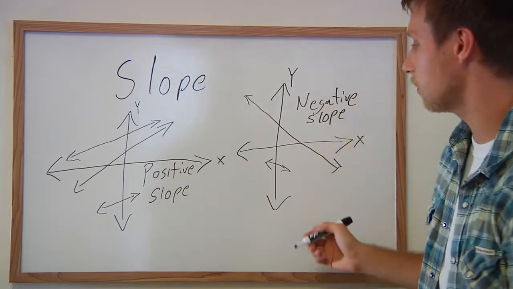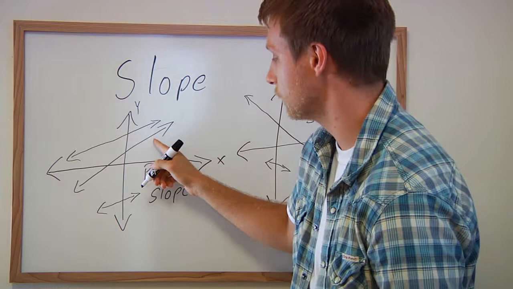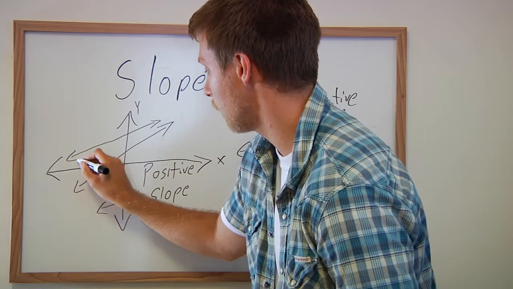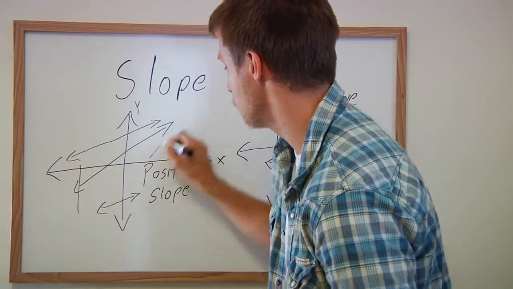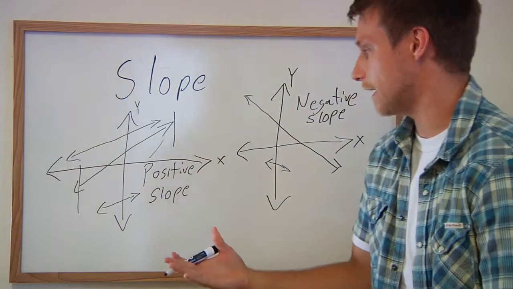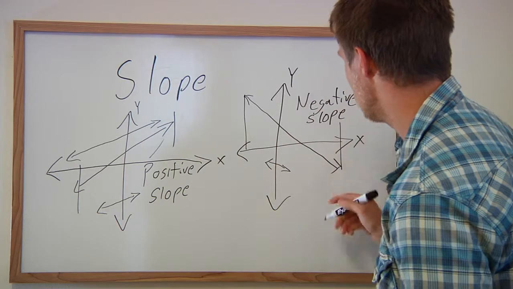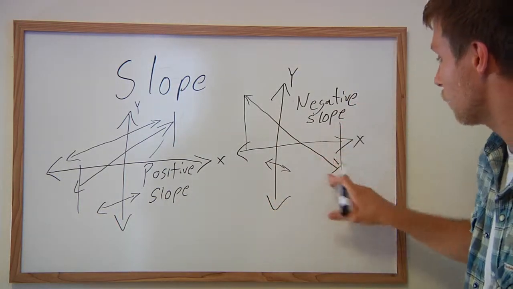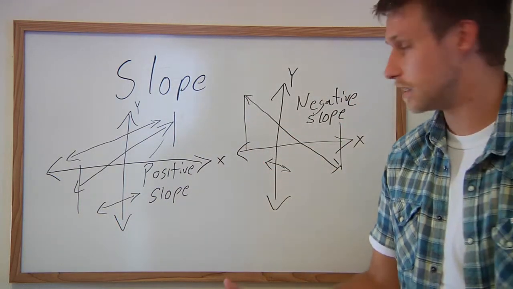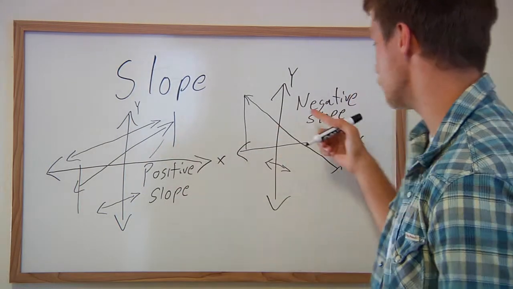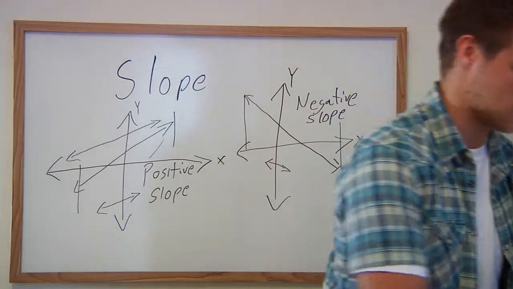An easy way to look at that is, if I was to draw lines off of this, it forms an H. But if I drew lines off of this, if you look very closely, it forms an N for negative, which is an easier way when you're looking at the lines to see if you're dealing with a negative or positive.